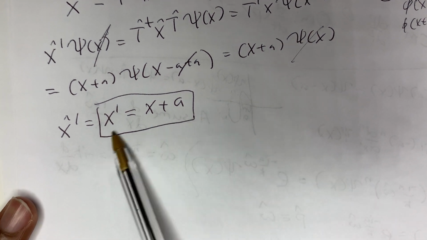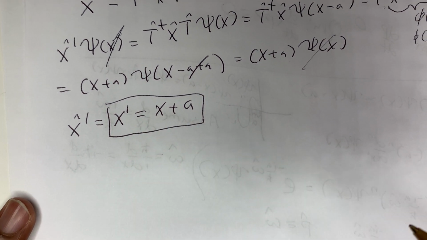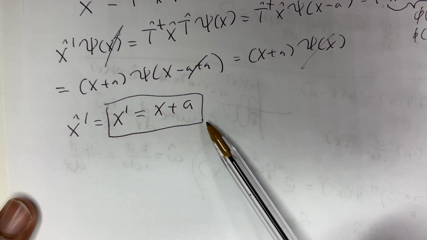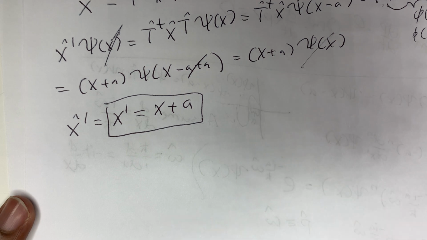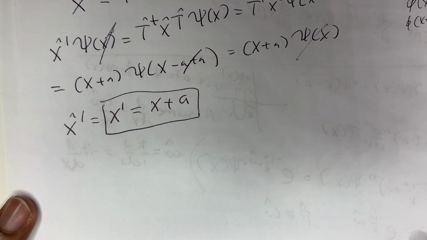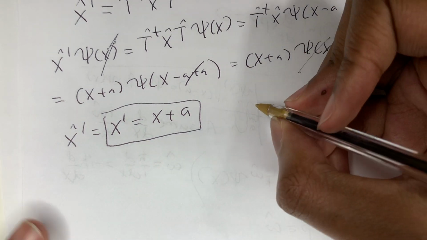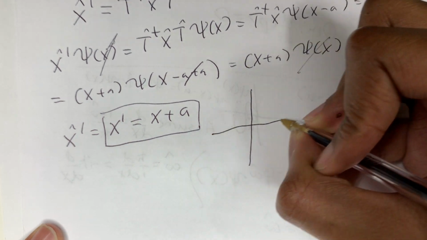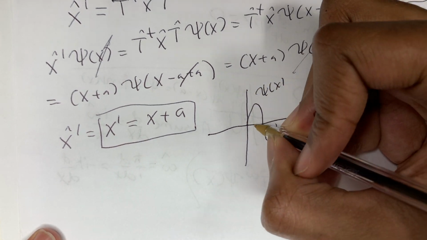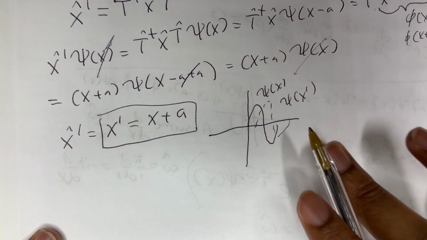Because what does x plus a mean? It just means that we are shifting the coordinate system itself to the left by some amount a. This is a really cool result. Now, I really want to emphasize this because, say I have a coordinate system, I'd have psi of x, right? Then here it would be psi of x prime, right?